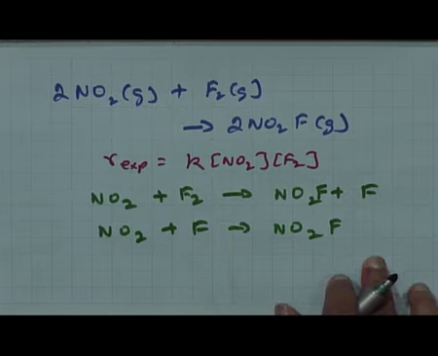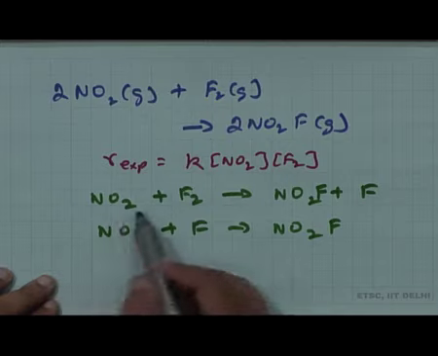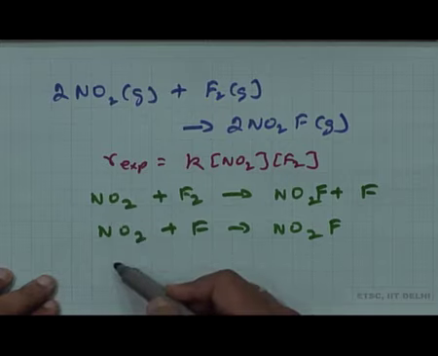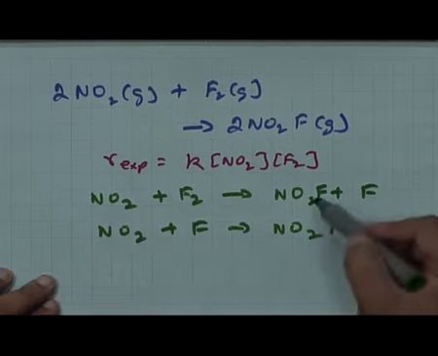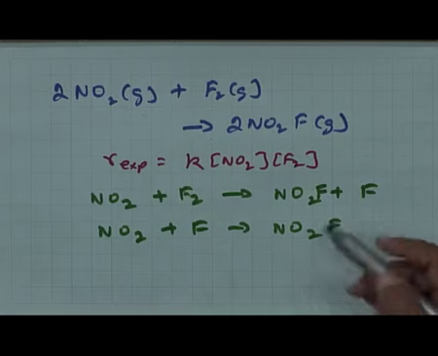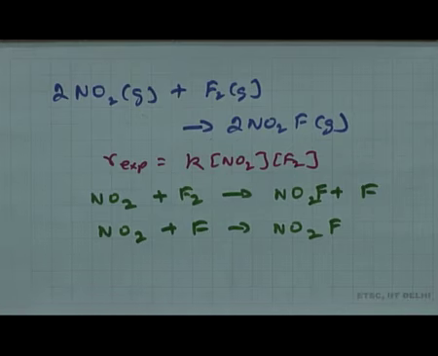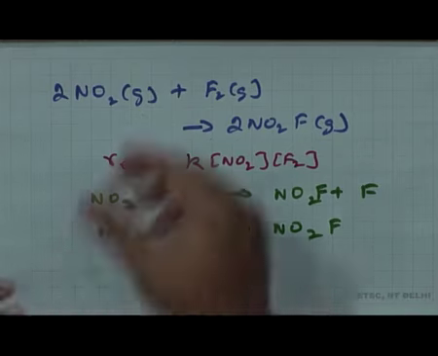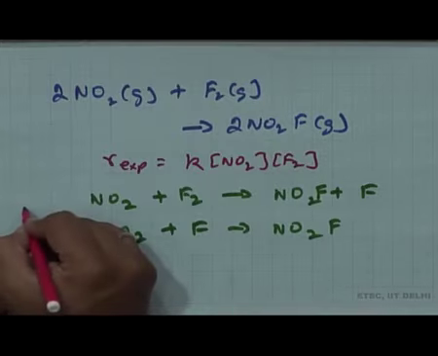The first check is you add these two up, and what you see is you get 2NO2 plus F2 giving you 2NO2F, right. So, hence when I add this up I get back the balanced chemical equation. Now, in the proposed mechanism, you are saying that this is the slow step.